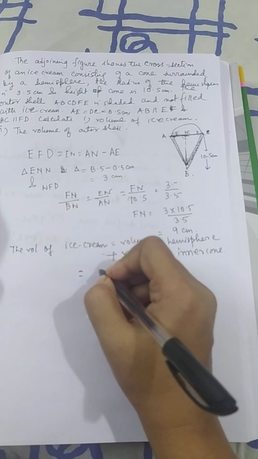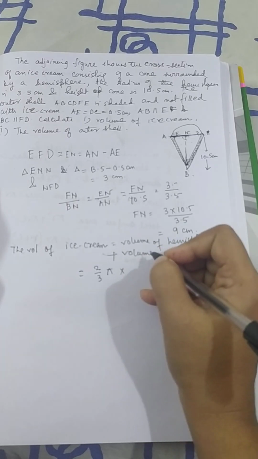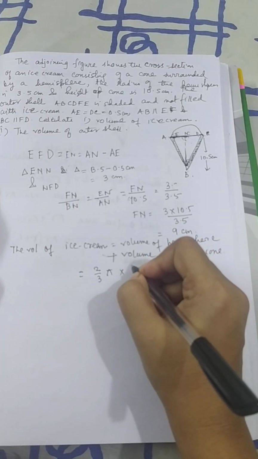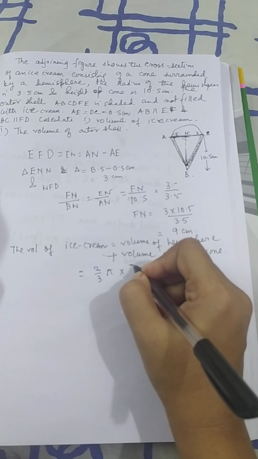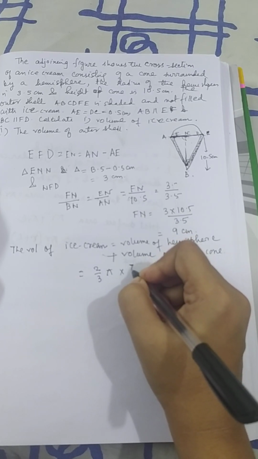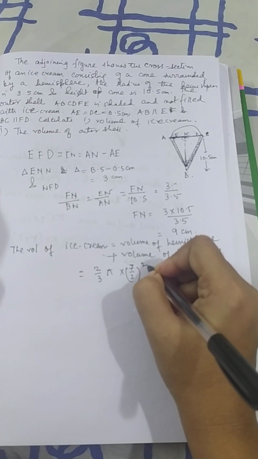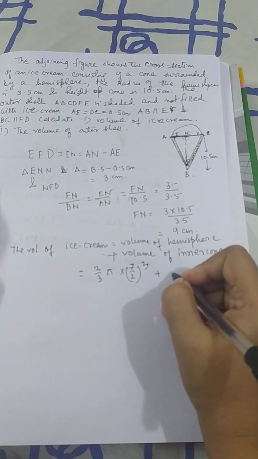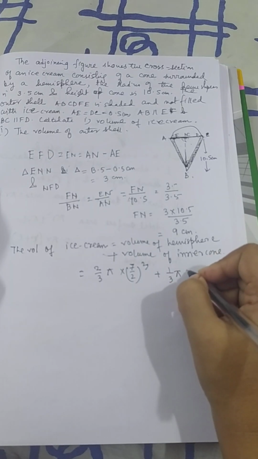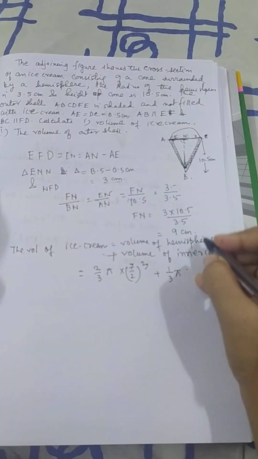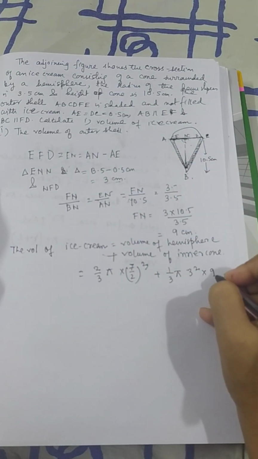So what is it? It will be 2 by 3 pi, and it is 3.5, right? So 7 by 2 whole square, whole cube, plus 1 by 3 pi, this 3 centimeter, so 3 square into r.